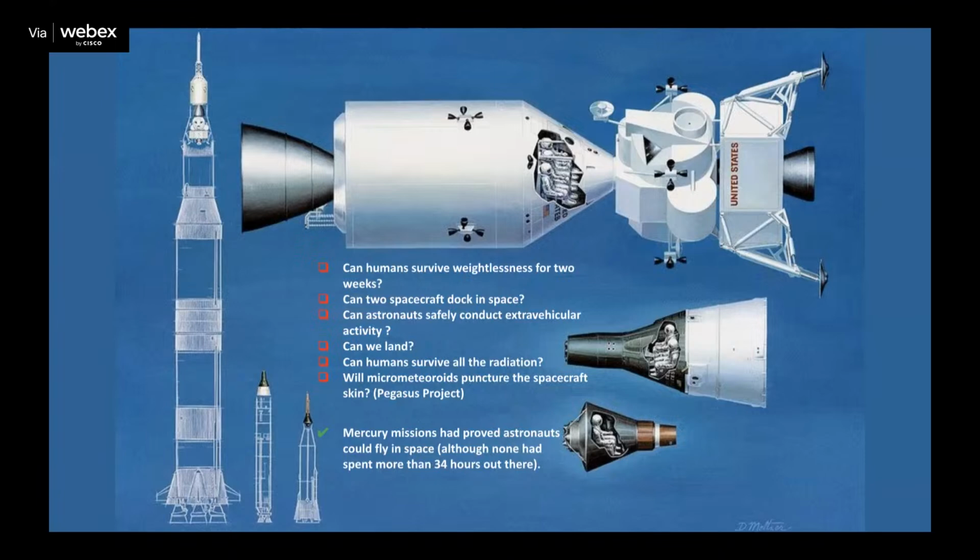There's a lot of radiation, the Van Allen belts, the cosmic radiation, cosmic rays, the radiation from the sun. Can we survive all of that? And what about micrometeoroids that are flying around at high speed? Will they puncture the spacecraft skin? They actually used a different project called Pegasus, where they launched satellites up to measure the velocity and the impact of those micrometeorites. But they had a lot of obstacles to overcome.